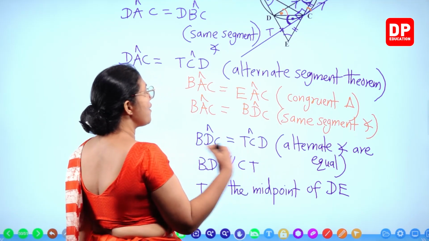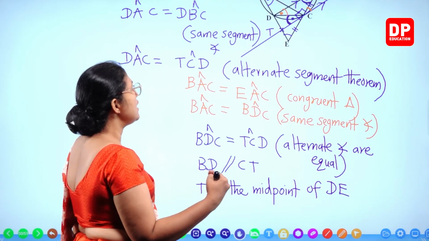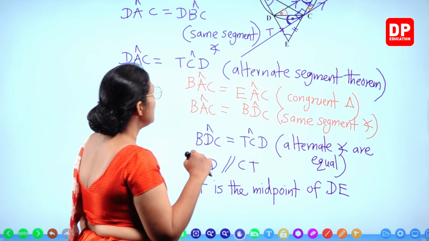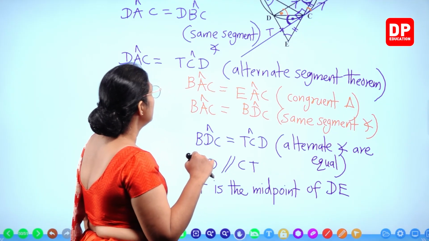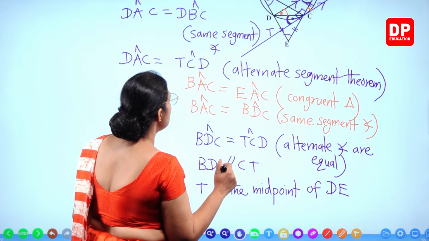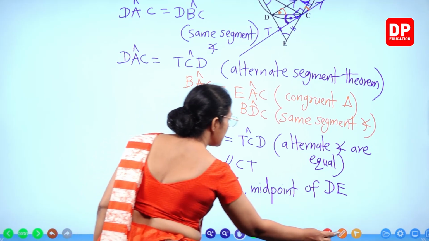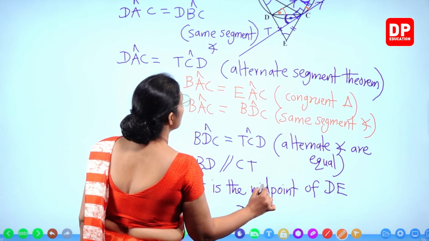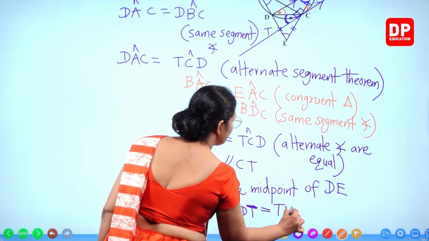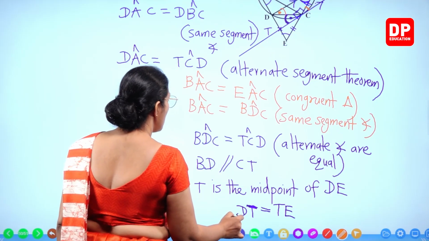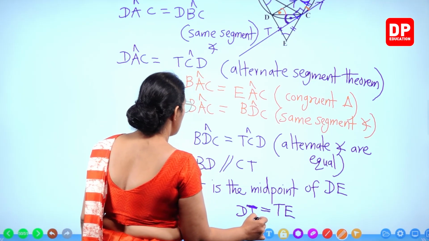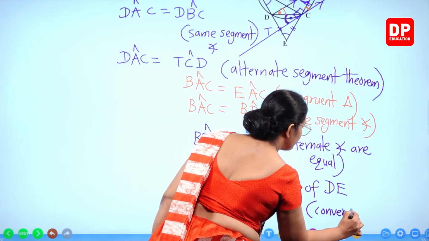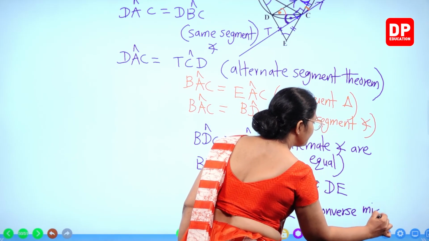So when you draw a parallel line from one midpoint, then the other point also becomes the midpoint of the other length. So T is the midpoint of DE, so DT is equal to TE, according to the converse midpoint theorem.